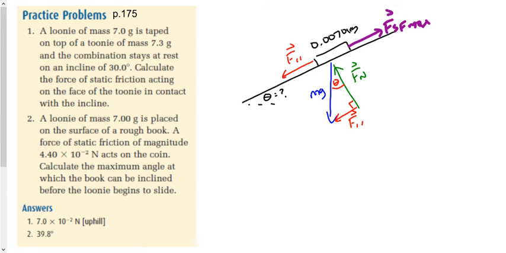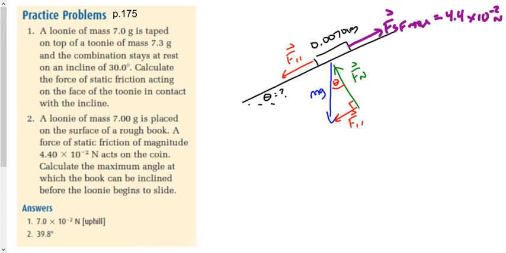What it should say is this is the maximum force that can act on the coin, or the force that acts on the coin when it begins to start moving, right? So we're going to assume that FSF max, even though it doesn't actually say that, is 4.4 times 10 to the negative 2 newtons.